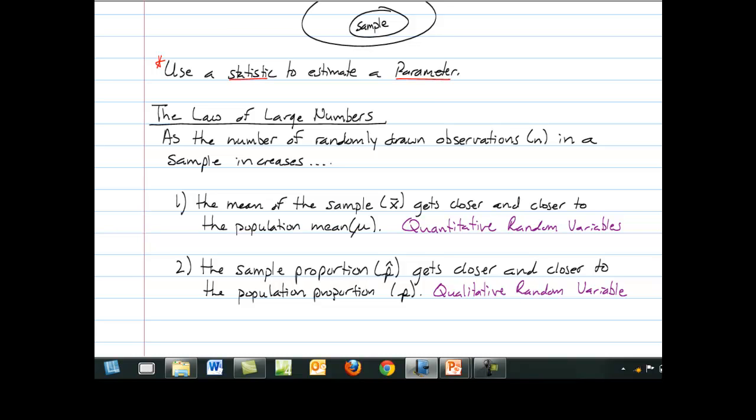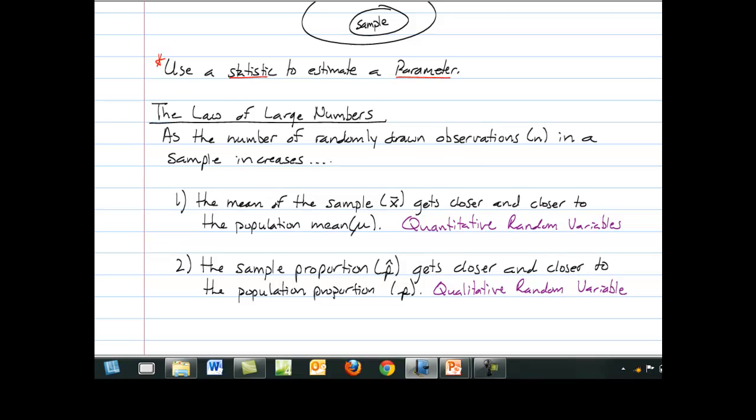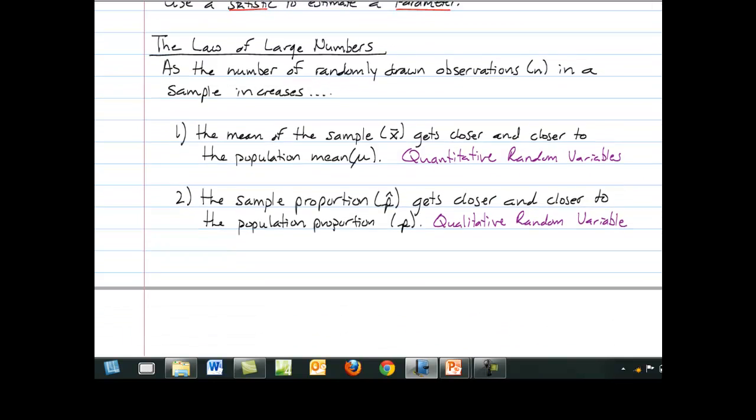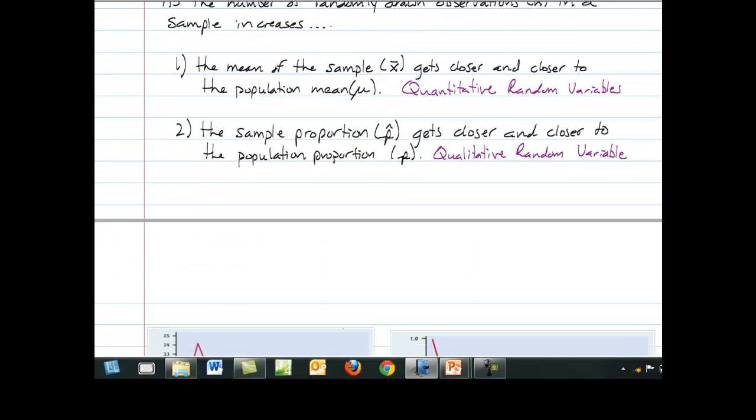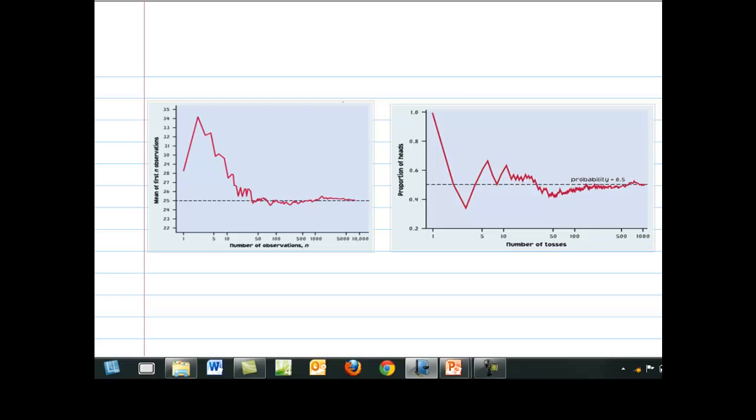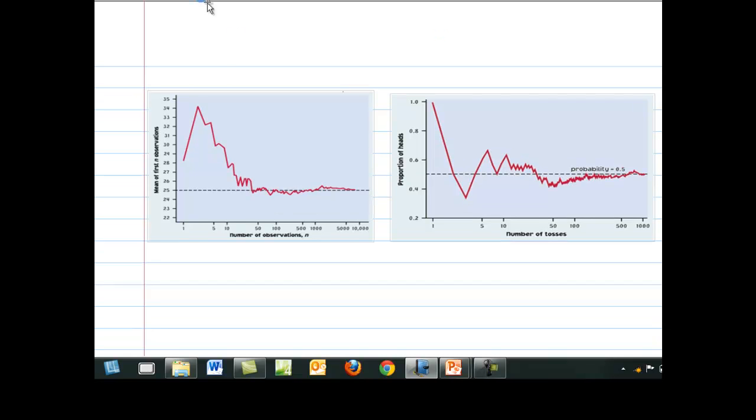Now the way that this looks graphically is pretty interesting. This first graph that we're going to look at represents case 1 up here when we're talking about the sample mean, x bar. So let's try and interpret what this graph is saying.